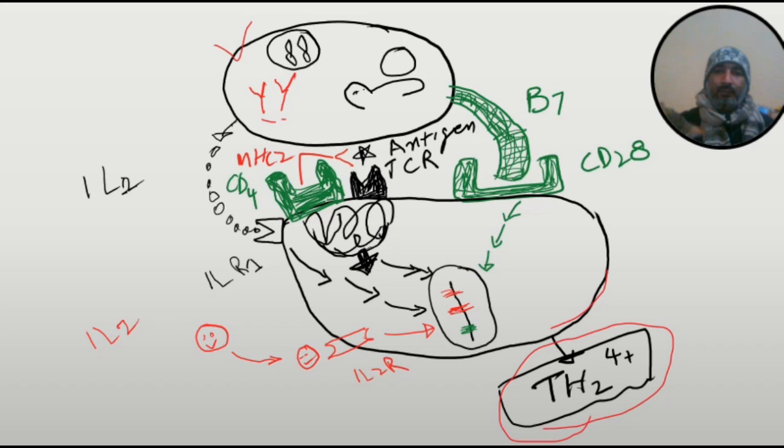So after this translation, the IL-2 molecule will bind its receptor here, and it will activate another green gene here.